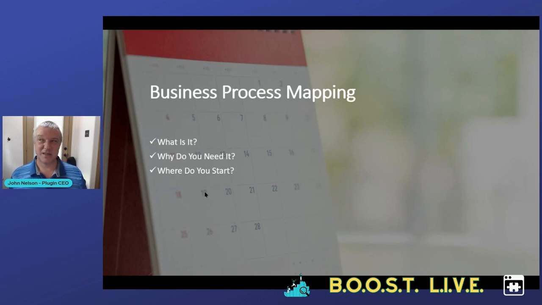Okay, so those three things. What you're doing is on a page, you're outlining this. Point 1, point 2, point 3, point 4. Maybe you have some point A, point B under, say, point 4. And you're documenting that journey just in a list. It's a big list, but that's the foundation of a business process map.